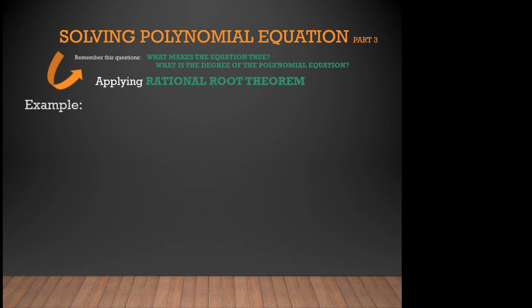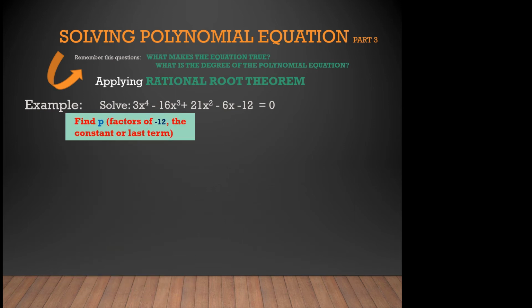So, in solving polynomial equation applying rational root theorem, to find all the possible rational roots, we will find p over q. In this example, 3x raised to 4 minus 16x cubed plus 21x squared minus 6x minus 12 equals 0.